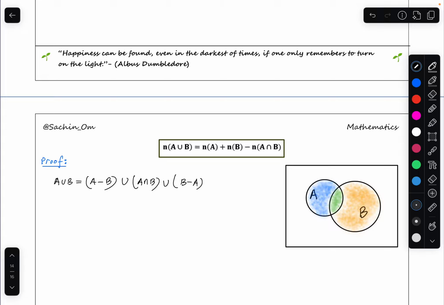A union B is a union of A minus B, A intersection B, and B minus A, all three of which are disjoint sets.